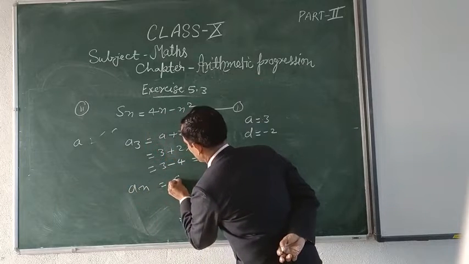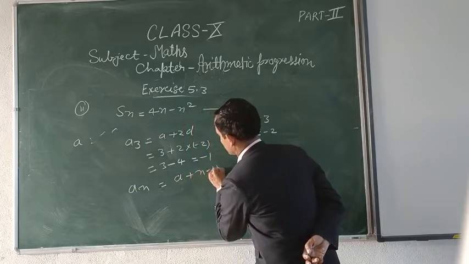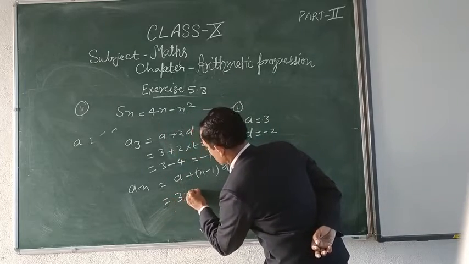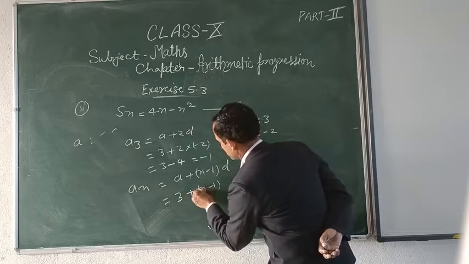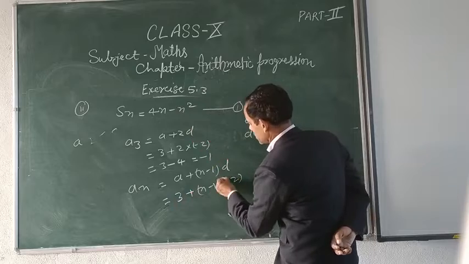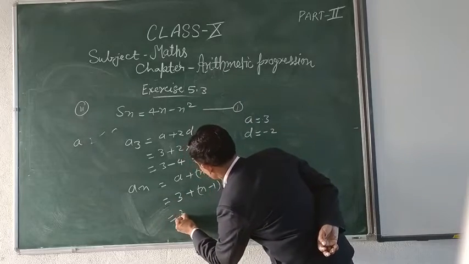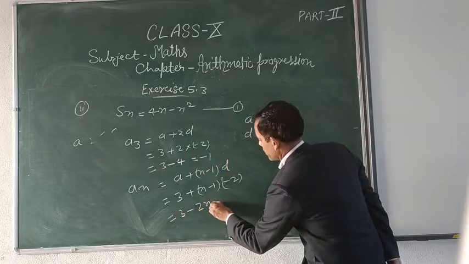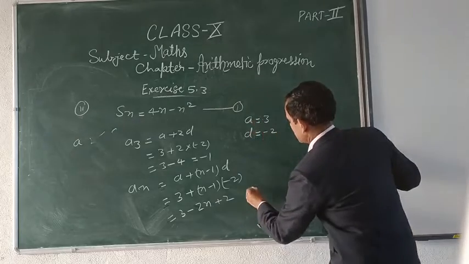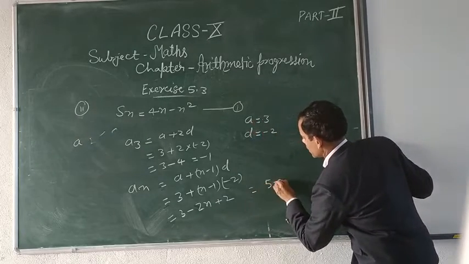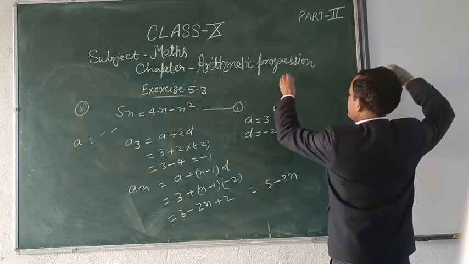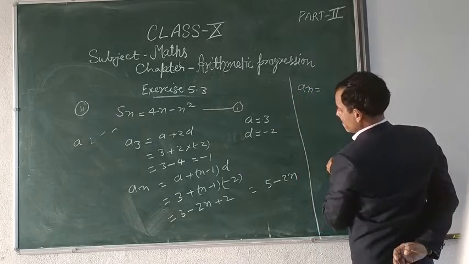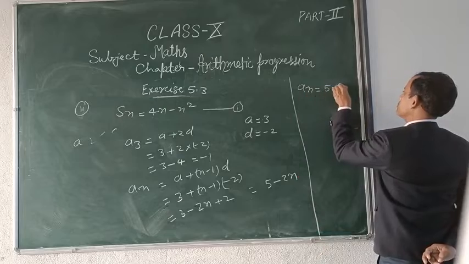And we need to find an. an means a plus n minus 1 into d. Okay, so a is given 3 plus n minus 1 into d, which is minus 2. So 3 minus 2n plus 2. This will be 5 minus 2n. So an equal to 5 minus 2n.